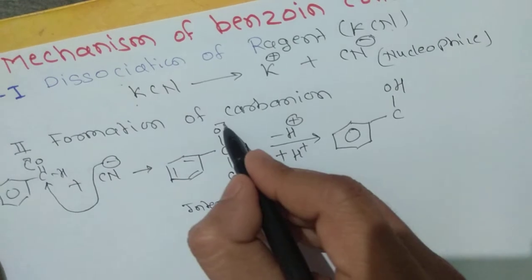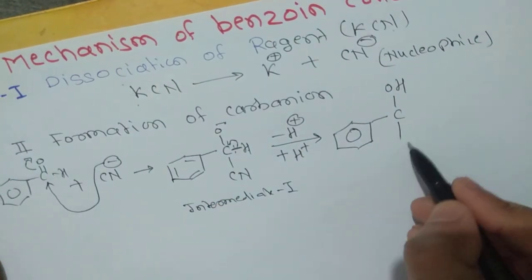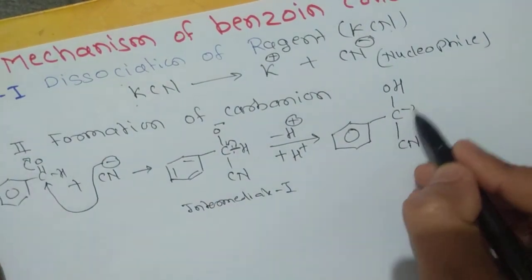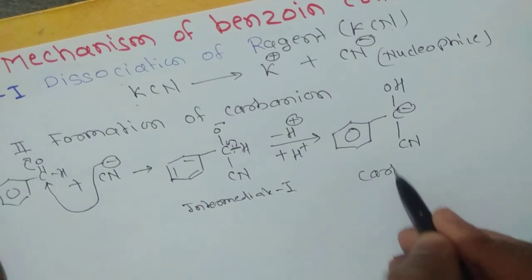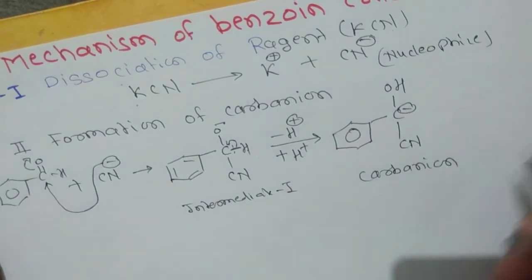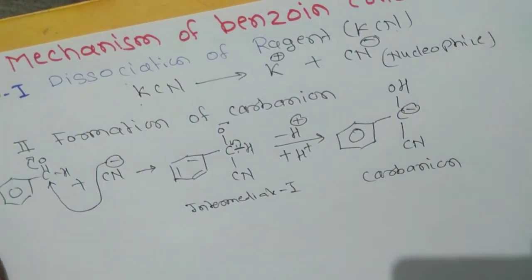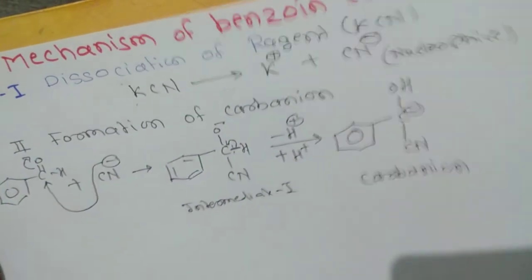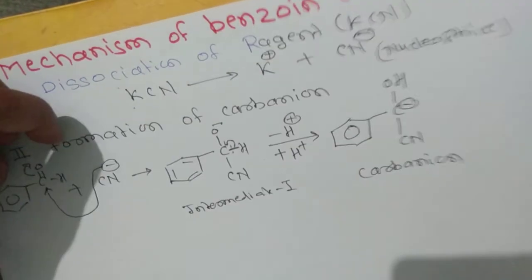The proton is transferred at these sites, on the cyanide ion, and here there is the formation of the carbanion. In step third, the formation of benzoin takes place.